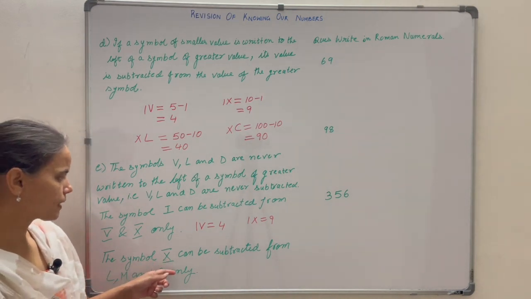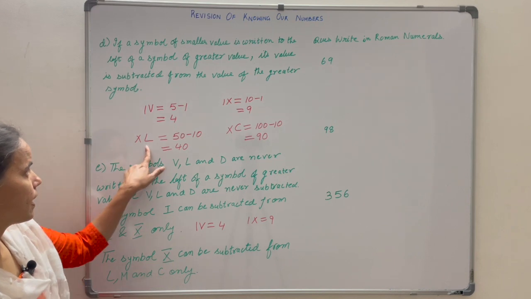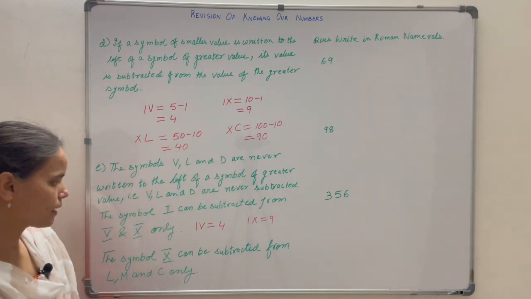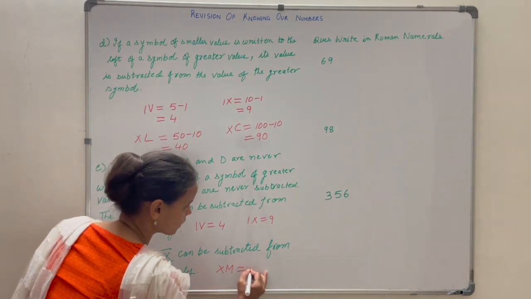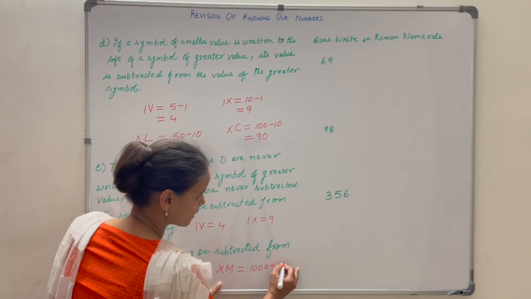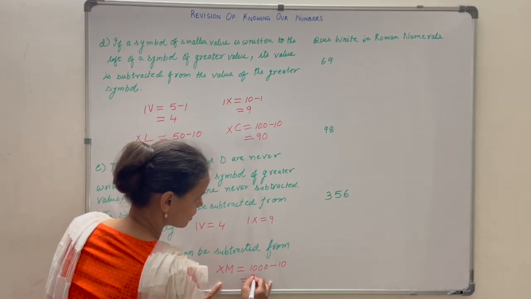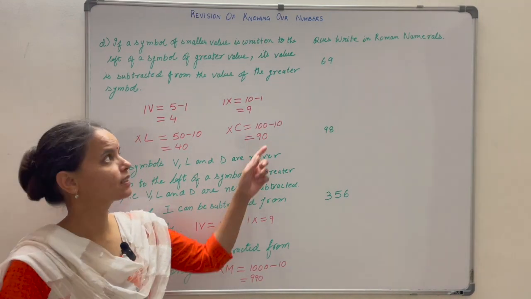The symbol X can be subtracted from L, M and C only. L, C and M also you can do. So that represents, M represents 1000. X towards left means minus 10. So this is 990.